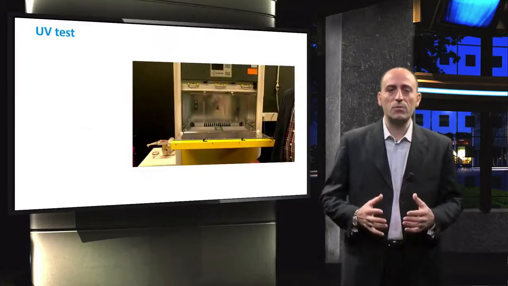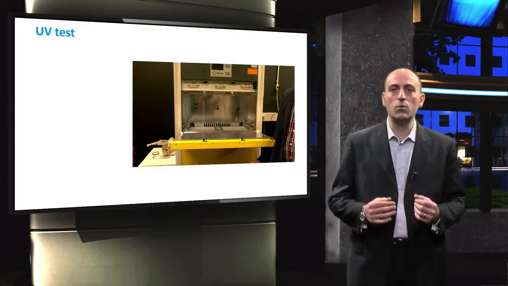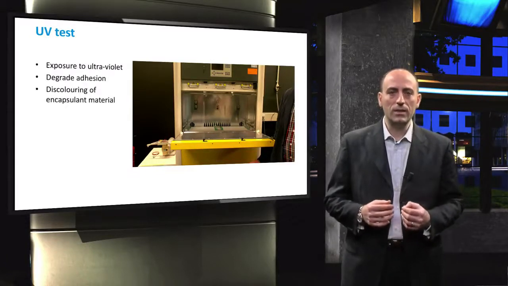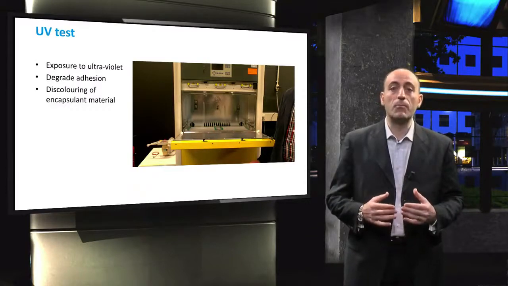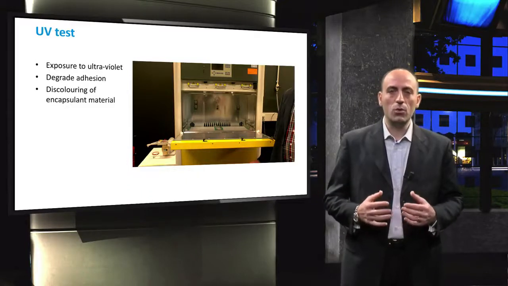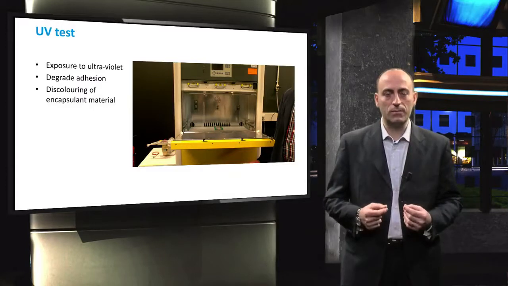The UV test is performed to identify materials that degrade when exposed to ultraviolet illumination. In the IEC 61215, it is prescribed to perform this test prior to the thermal cycle and the humidity freeze test. UV can degrade the adhesion and cause delamination between the layers.